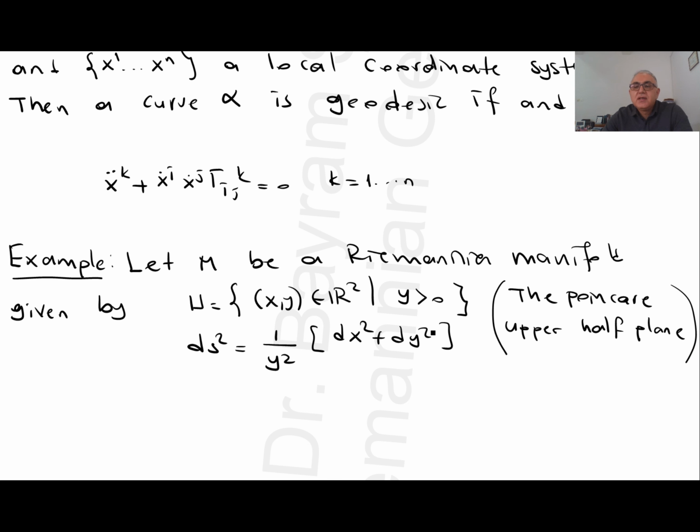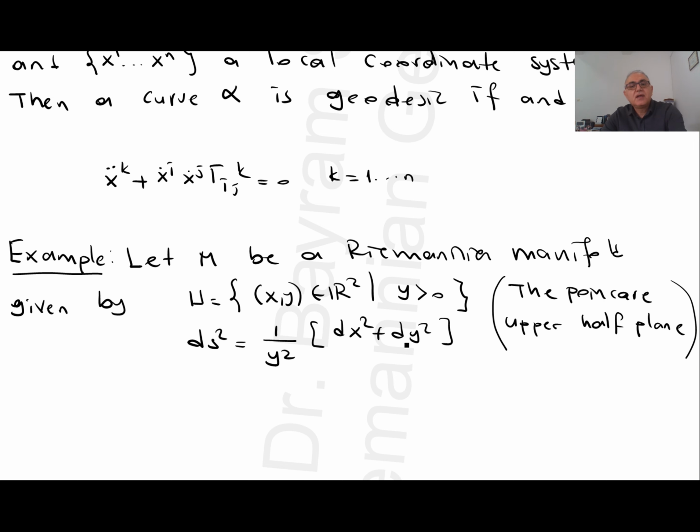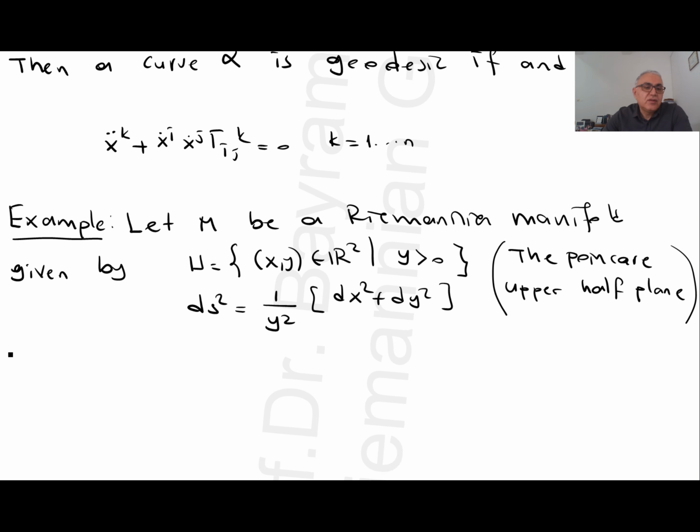That's why it's called the Poincaré upper half plane. So this manifold is called this. The question is: find the geodesics of M.